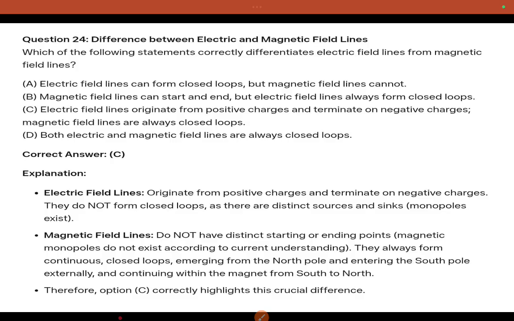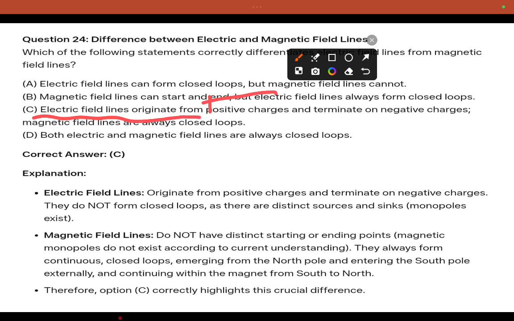Question number 24, on electric and magnetic field line differences. Which of the following statements correctly differentiates electric fields from magnetic fields? So your answer is about field lines. Electric field lines originate from positive charges and terminate at negative charges.